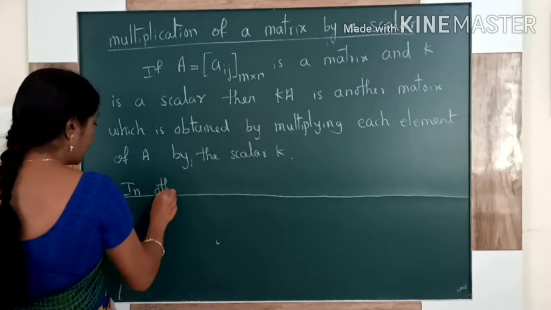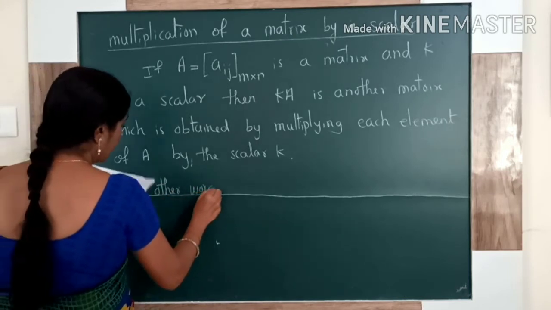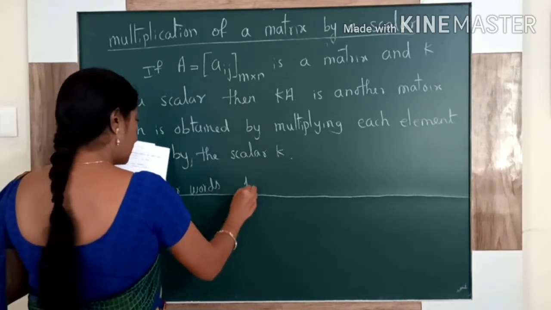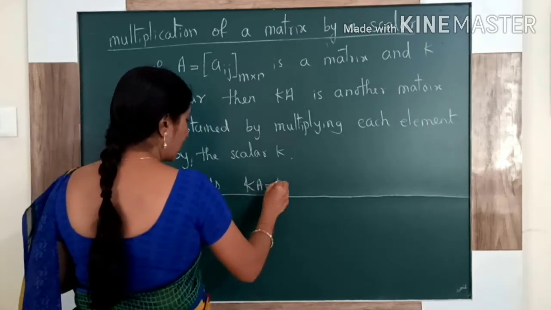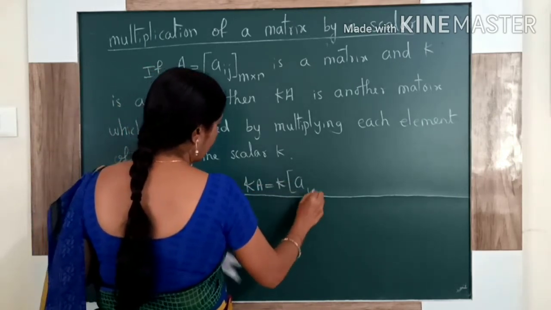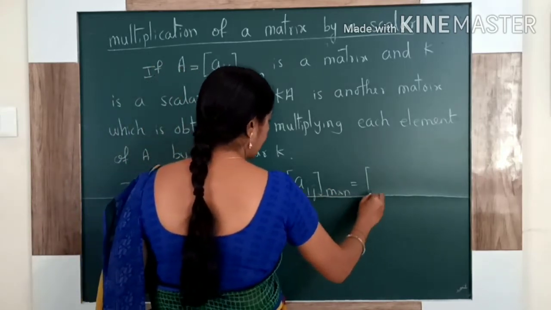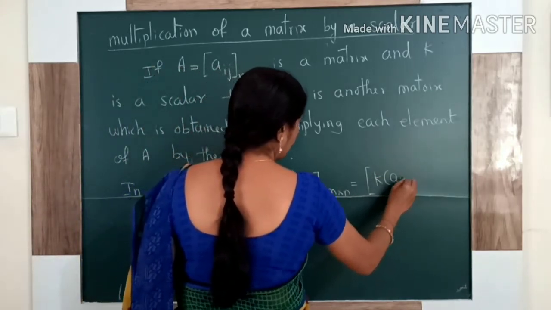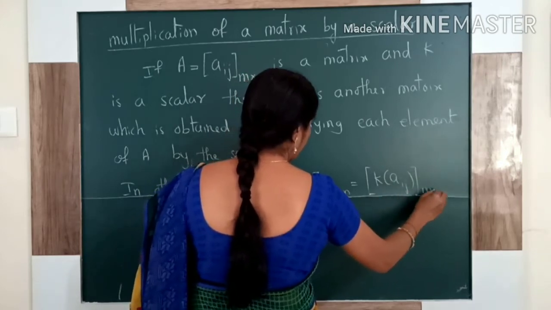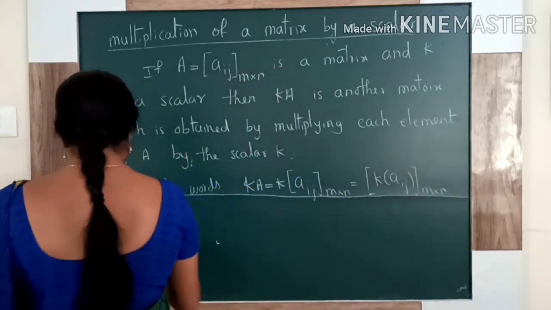In other words, kA = [k aij]. Each element is multiplied with k.